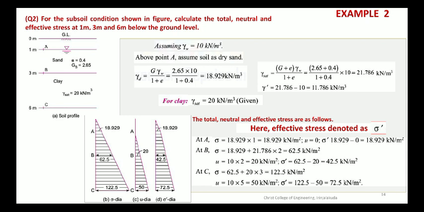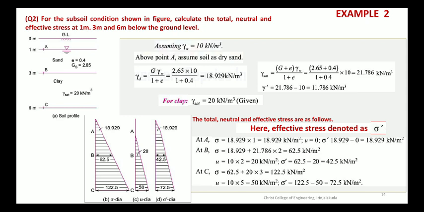So simply the height into corresponding gamma value. So what is the height? 1 meter. Over a 1 meter height, gamma is 18.929. And over a height of 2 meter between A and B, it is saturated one. So 2 into, what is the gamma saturated value? 21.786. So if you add it, you will get total stress.